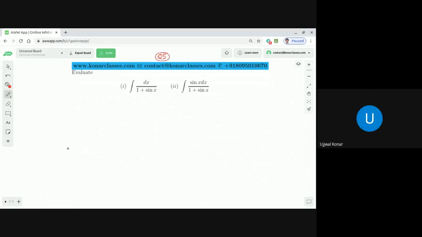And that is why we first learn trigonometry and algebra, and then we start learning differentiation and integration, because trigonometry has a very close association with all this.